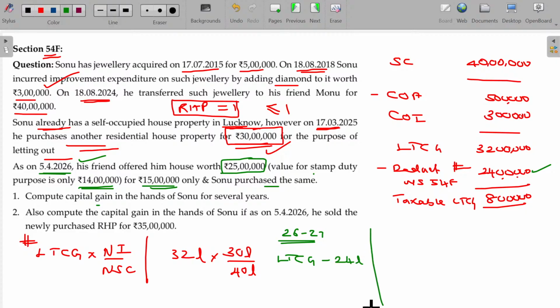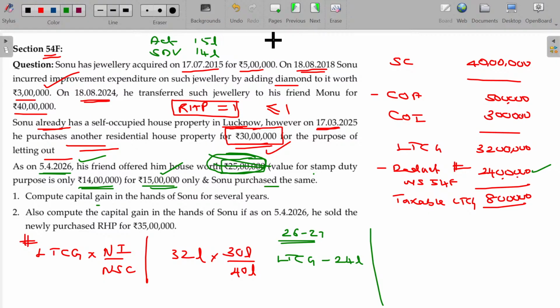Now, the house property market value is 25 lakhs, but leave it. Actual consideration paid is only 15 lakhs. But the stamp duty value is 14 lakhs.